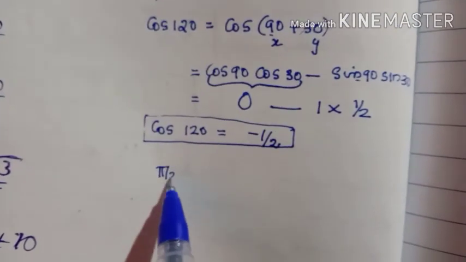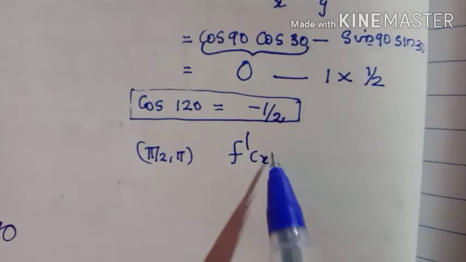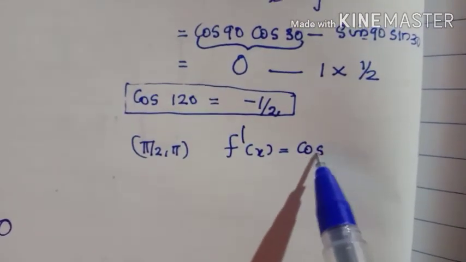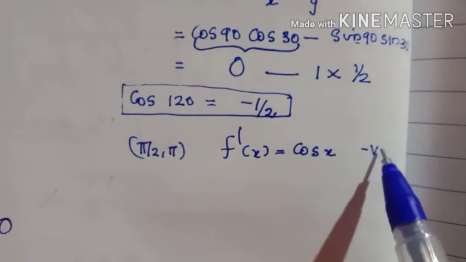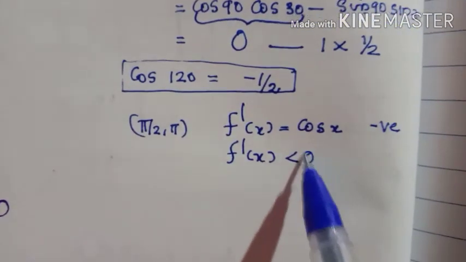Which means in the interval pi by 2 to pi, the value of f dash of x, that is the value of cos x, is negative. Negative means f dash of x is less than 0.